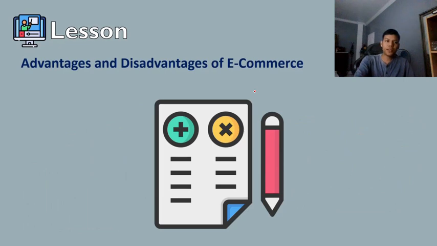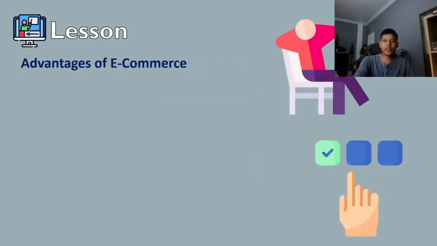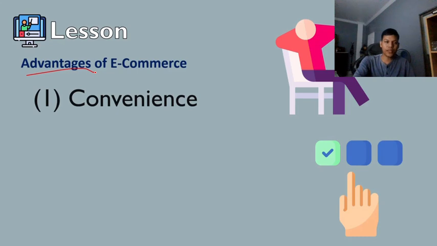So there are advantages and disadvantages of e-commerce. Not just the advantages part of e-commerce, but there are also some disadvantages. So let's talk first about the advantages of e-commerce. The first one is convenience. It is more convenient to have transactions online or electronically.